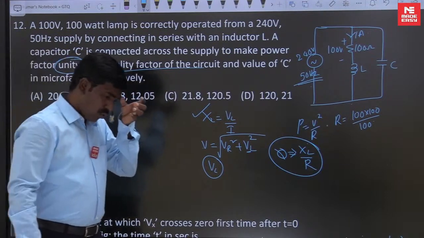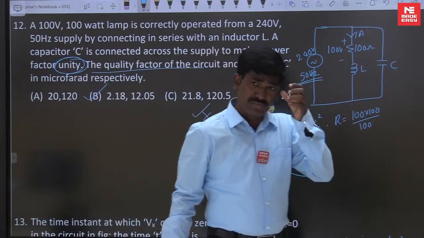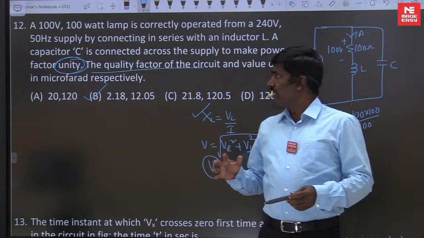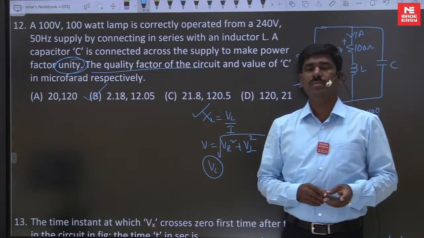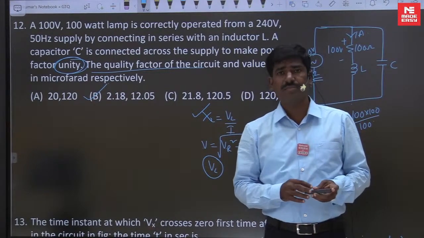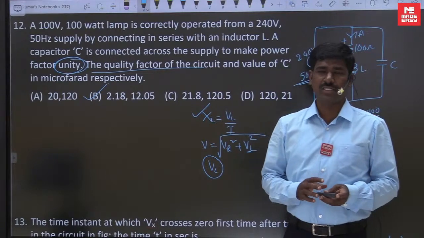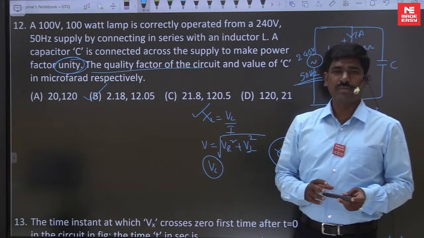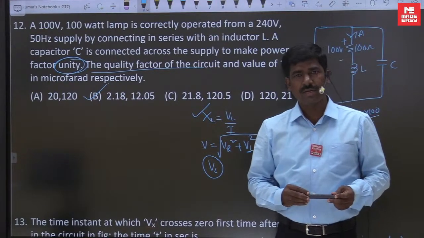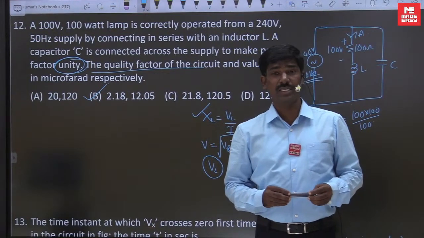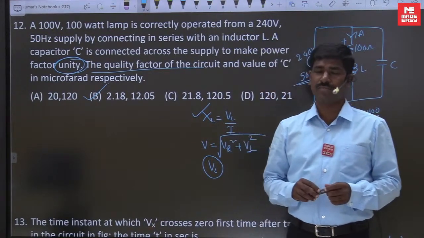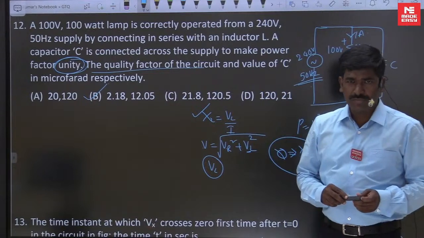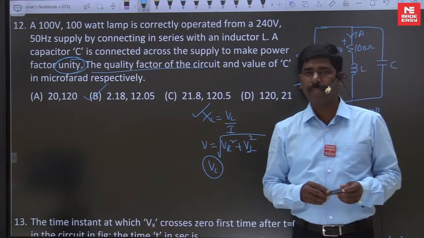So now closing the session, we have almost discussed 21 problems. We discussed basics, transient and steady state response, theorems, two-port networks, magnetically coupled circuits and steady state AC analysis. So all the best. Only 2 weeks' time is there.